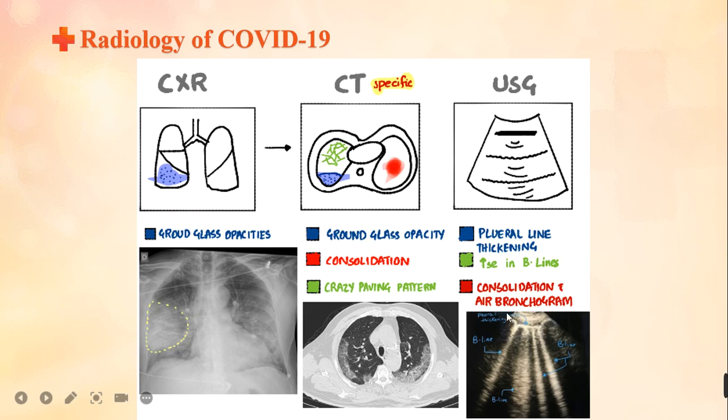From the regular pleural line you can see a rising beam sign, and these B lines are just not common. So the doctors might ask you to do the radiology of COVID-19.